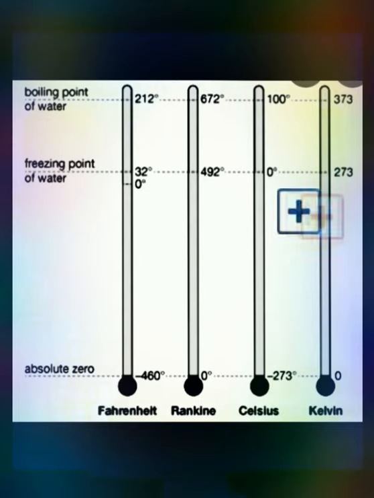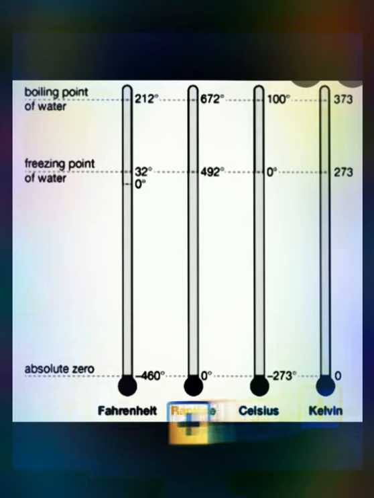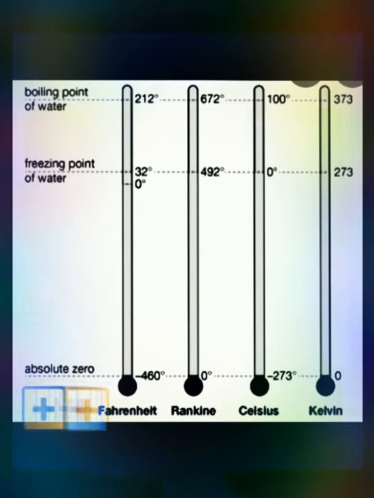Here, students, you can understand that on Kelvin scale, the freezing point of water or melting point of ice is 273 Kelvin. It means the 0 Kelvin will be quite below it. This 0 Kelvin is also called absolute zero because this temperature is quite low.